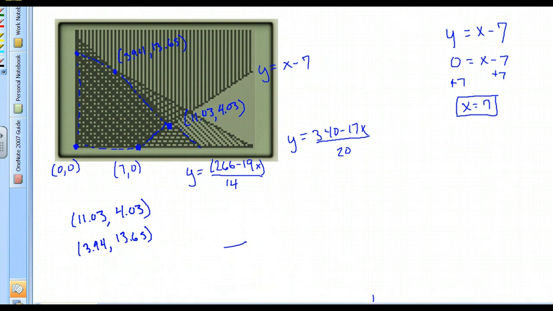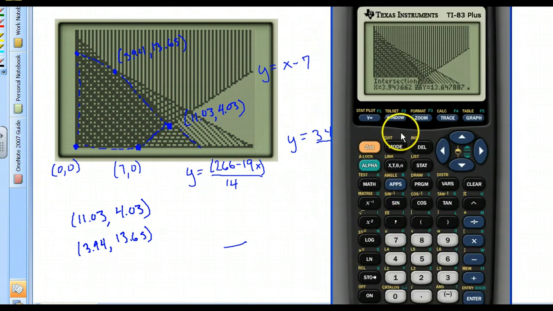Alright, and then the last one, we've got 4 of the 5 points. The last one up here is the y-intercept of this 340 minus 17x over 20 line. So I can hit trace, press 0. This is the y-intercept of y1. That's not what we want. There's the y-intercept of y2. Again, that's not what we want.